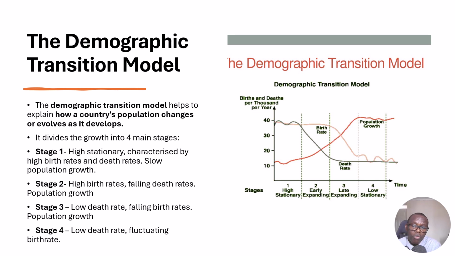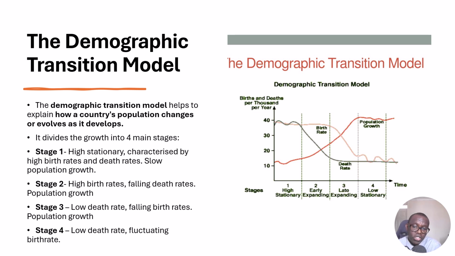Then we're moving on to the third stage, which is late expanding. The birth rates begin to fall, and at this point the death rates are also quite low, but the total population is still growing fairly quickly.